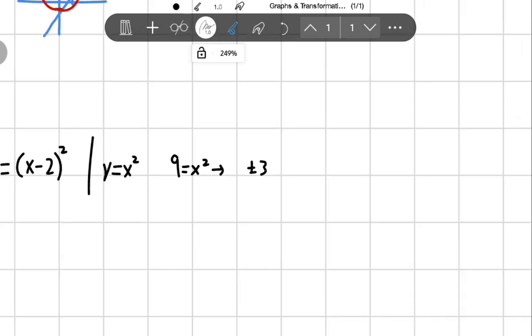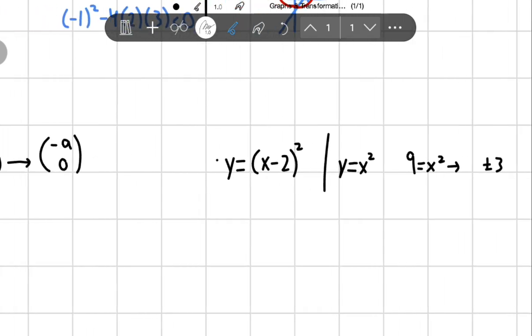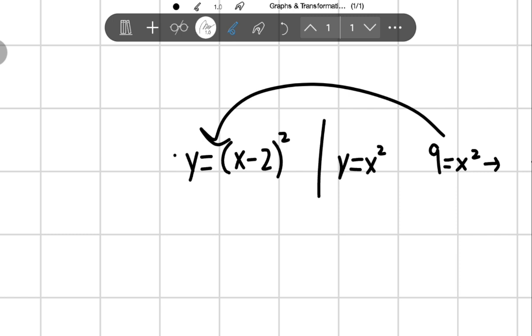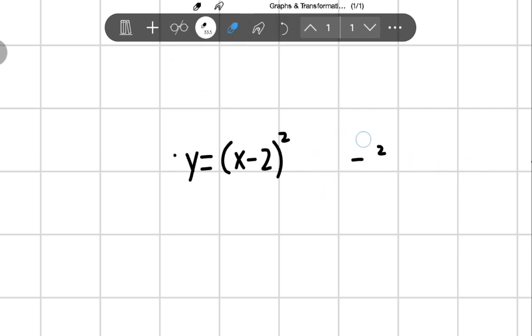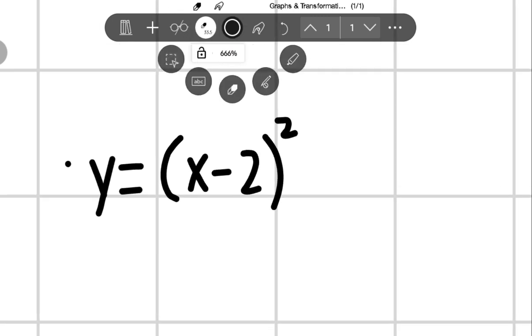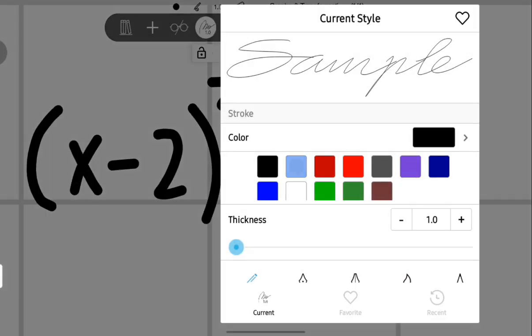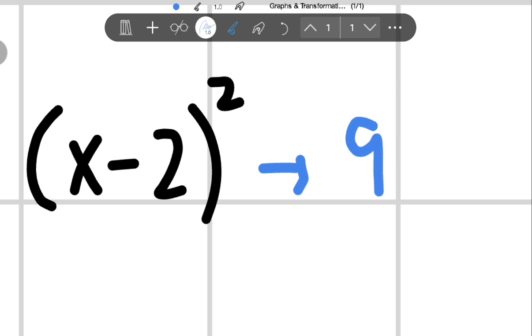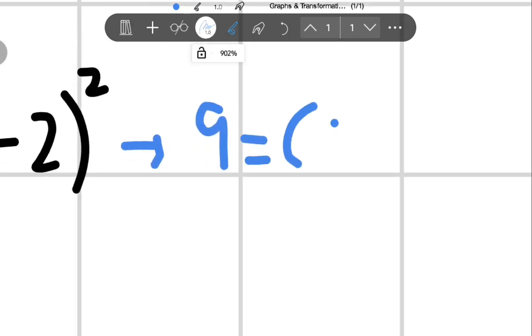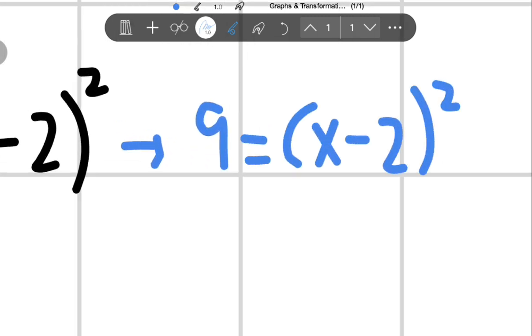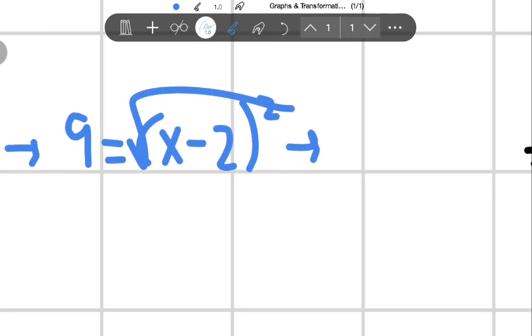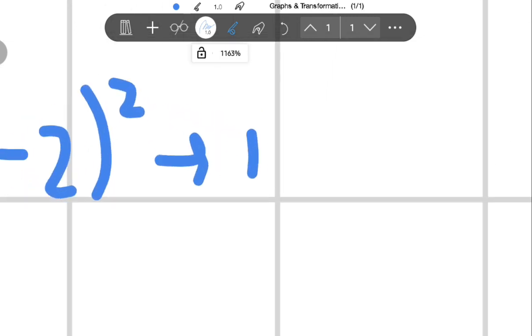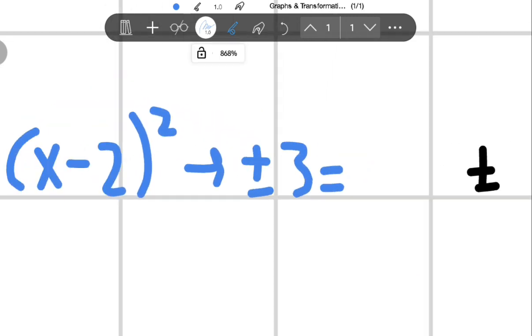And now let's see, if we were to plug in 9 here, what would this x coordinate look like? Let's assume y is 9, so 9 equals x minus 2 all squared. So we could square root each side to get rid of the squaring here. So that will be positive or negative 3 equals x minus 2.